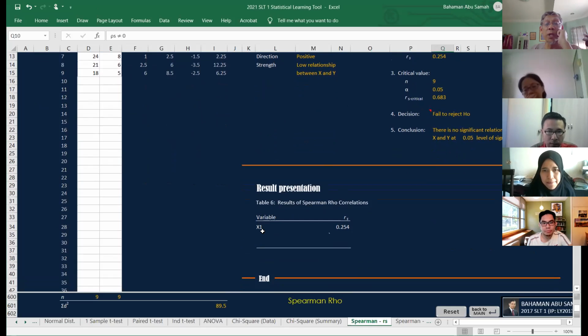In this case, we have X1 for loyalty, and then RS is 0.254. If you have other variables, you can just continue at the bottom. And that means we have a series of IV on your DV, right? Okay, that is how if we were to run in SLT1.